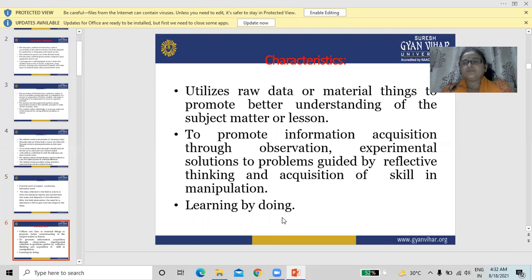This method is based on the principle of learning by doing.